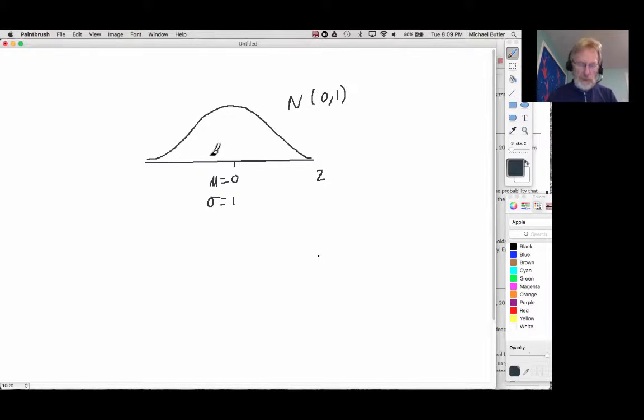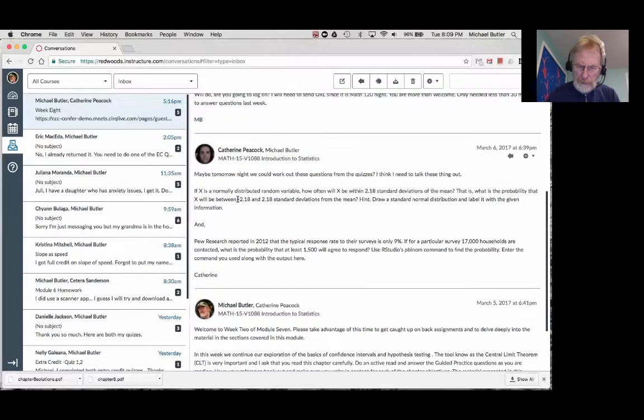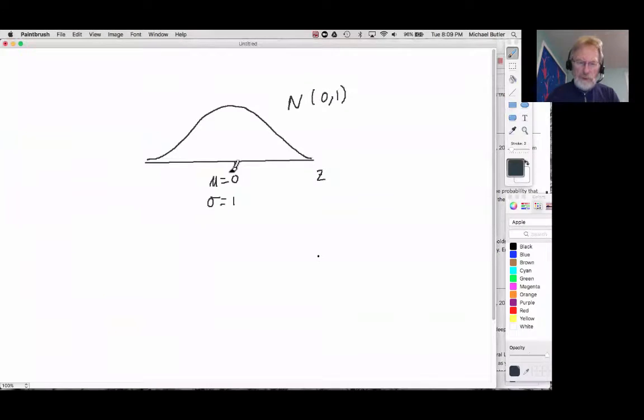Now, the two numbers that they told us to plot on here: we want to know the probability of x residing between those two numbers. One standard deviation is roughly about there and about there. Two standard deviations would be roughly here and here.